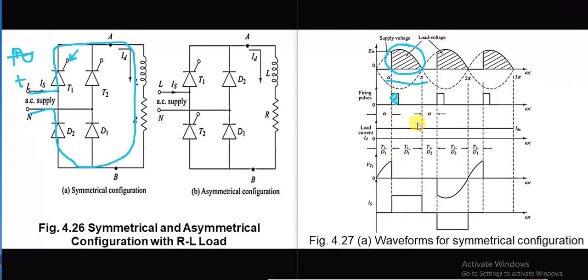So till the SCR is triggered and it starts conducting, we will obtain a voltage VT1 that is across this SCR T1, means till it is not given a firing pulse. So this will be the voltage obtained across the SCR T1 before conduction.